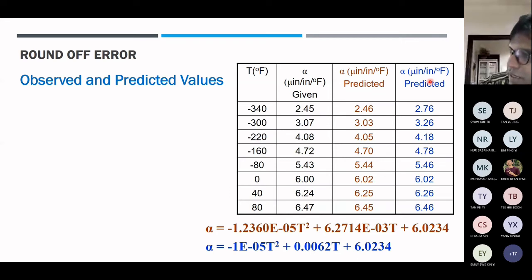You can see which one is closer, the corrected version based on the significant numbers or the standard one from Excel. There is a very big difference compared to the observed value for each corresponding temperature. This one is more accurate to the observed value. From here you can easily see how important the roundup error is.